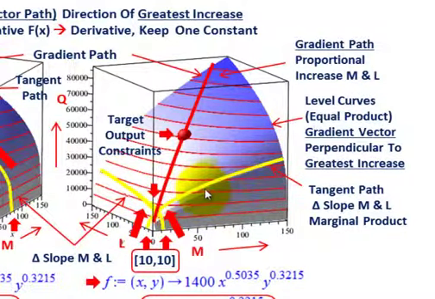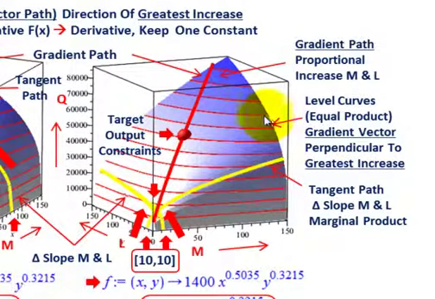This is where you get your marginal output at a different rate, and we're going to look at that. The other thing to understand is our gradient path, the one you're following up to get your maximum output. You're really looking at a proportional increase in your material and labor. You have to increase them proportionately to stay on your path, to get your maximum targeted output with whatever constraints you have.